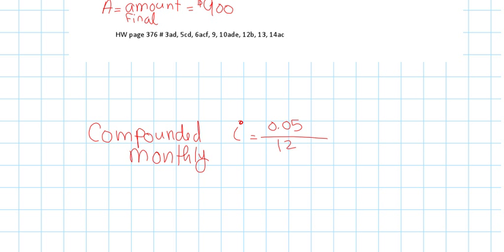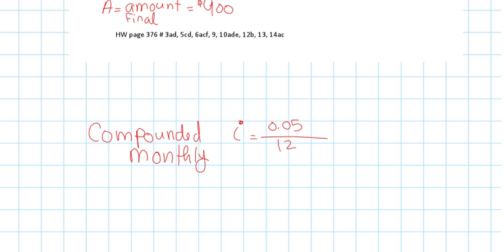Okay? Now, what makes a difference is how many times the bank is going to give you the interest. Let's say you put that $500 or $600 or whatever money in the bank for 10 years. How many times is the bank going to give you interest?